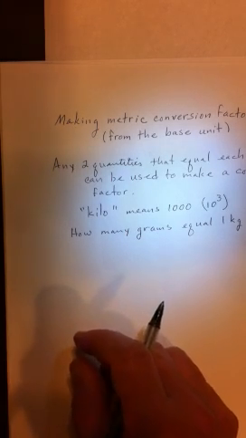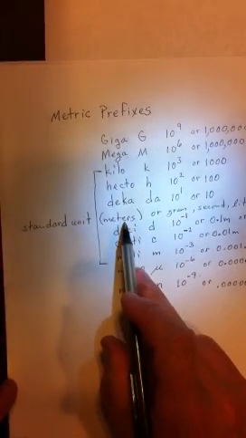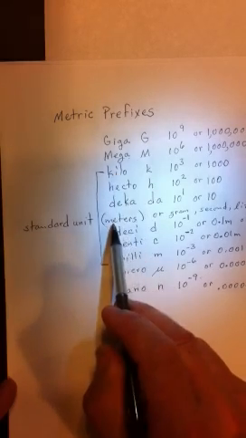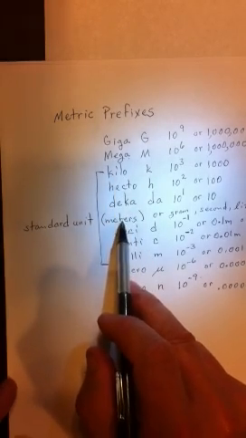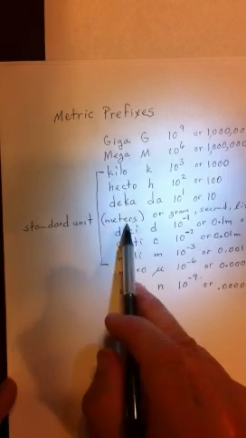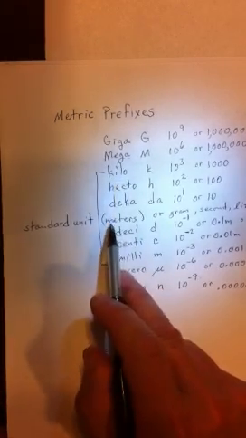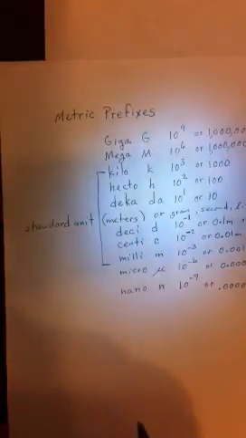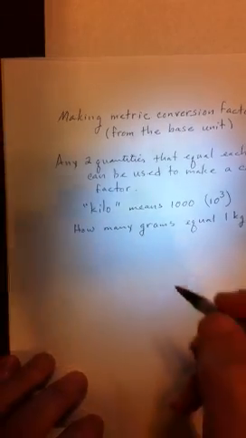Well, of course, looking back at our prefixes, since the gram would be our standard unit and kilo is a larger prefix, it represents a higher power, so there would be many grams in a kilogram. There would be lots of these smaller grams in a kilogram. How many? 1,000, because kilo means 1,000.